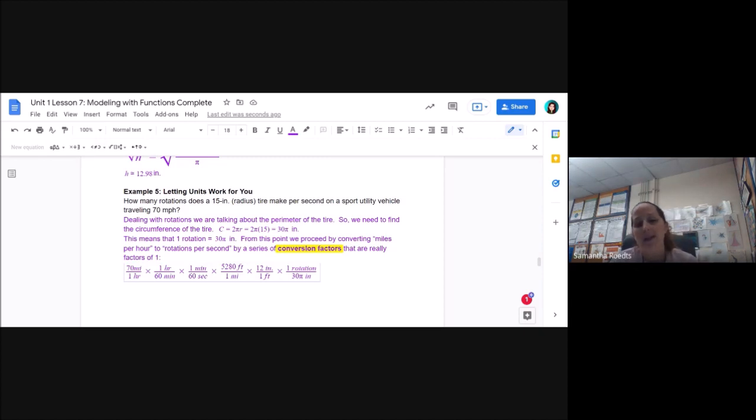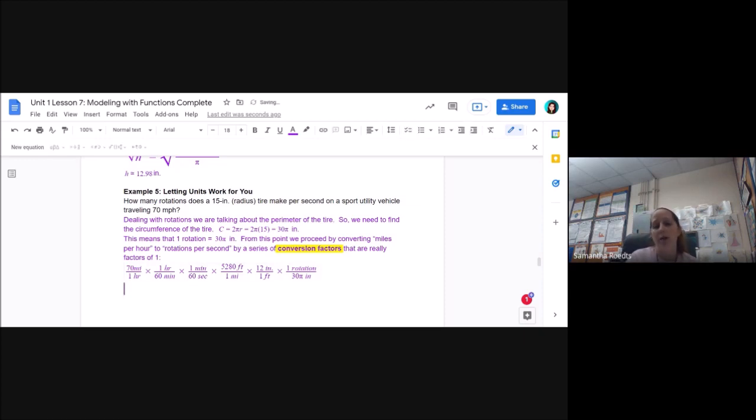So what happens is hours cancels out, minutes cancel out. I'm left with seconds. Miles cancels out, feet cancels out, inches cancel out. I'm left with rotations per second when I multiply this through.